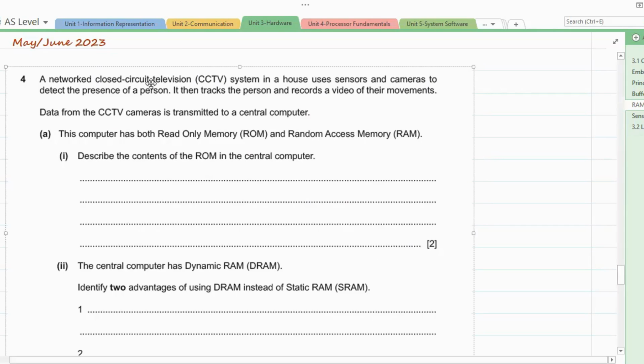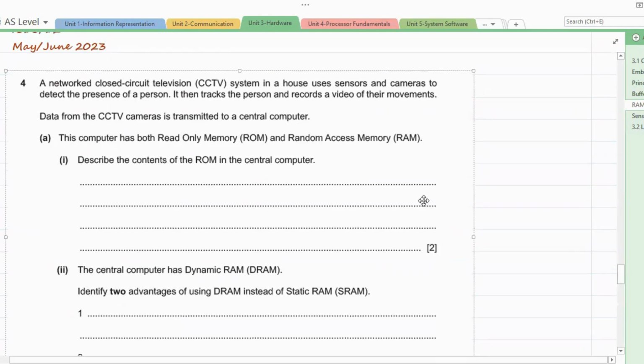Now, we have already covered that what a ROM does, but always frame your answer by having a look at the question. So they have given a particular situation to you. So as you know, read-only memory, it stores permanent instructions like startup instructions, firmware.